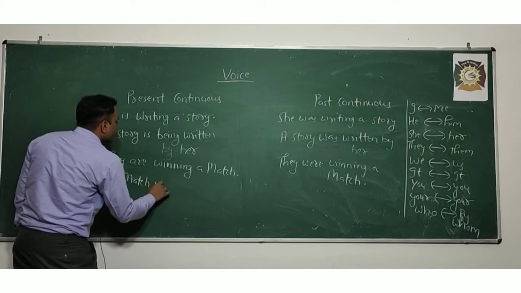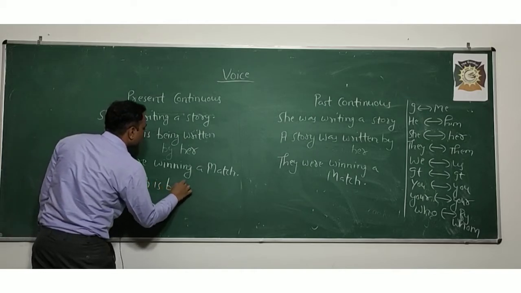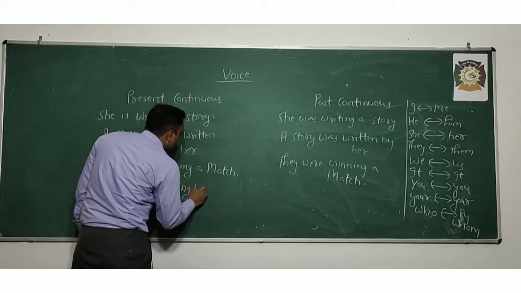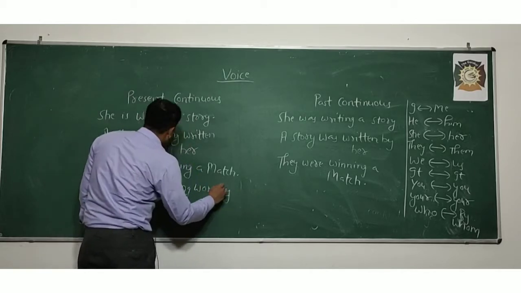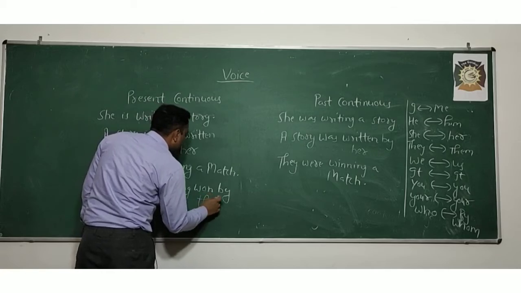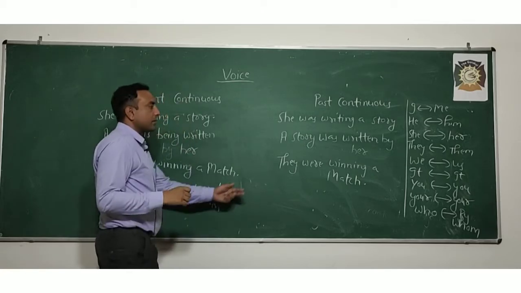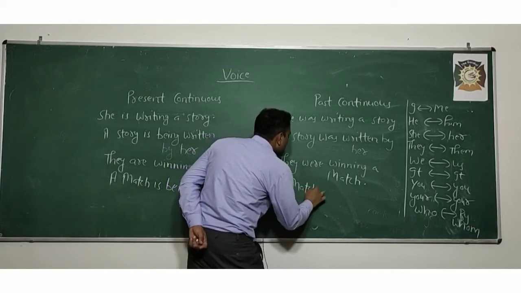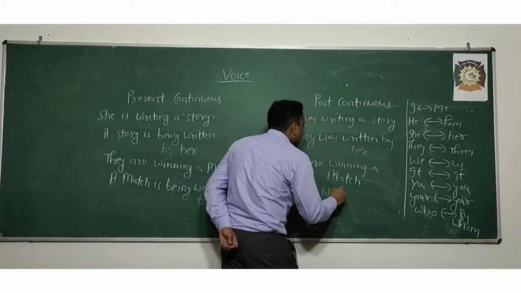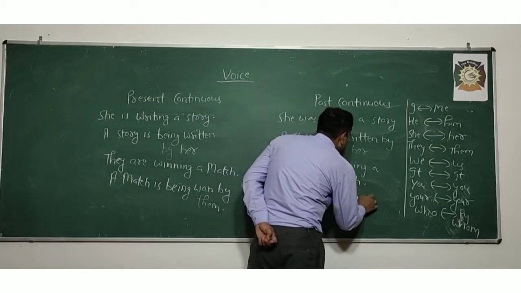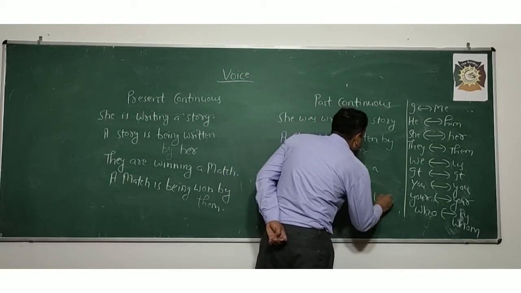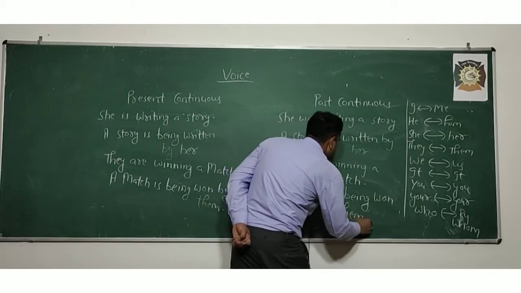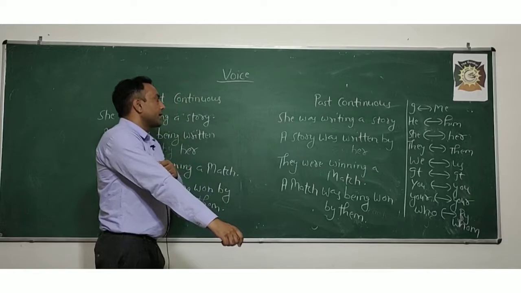A match is being won by them. A match is being won by them. Same is here. A match is also singular. With singular we will use was. A match was being won by them. A match was being won by them.